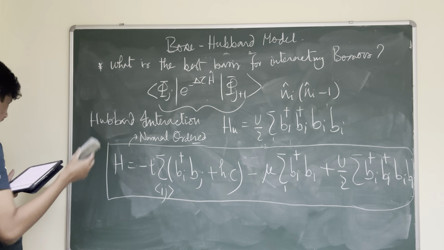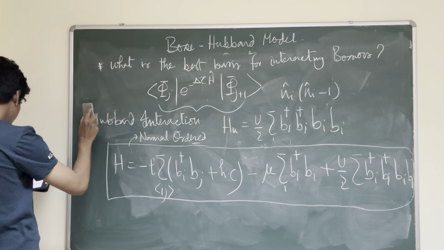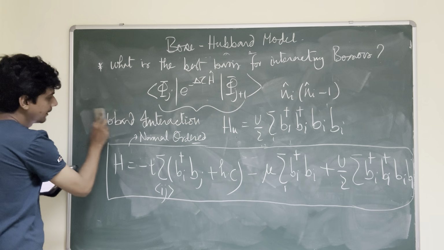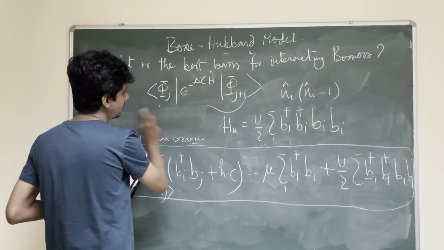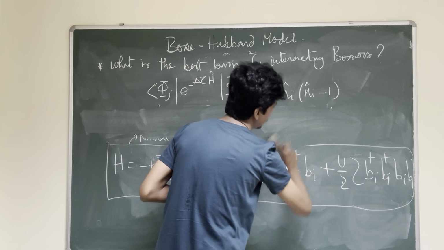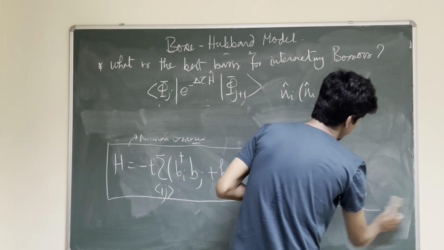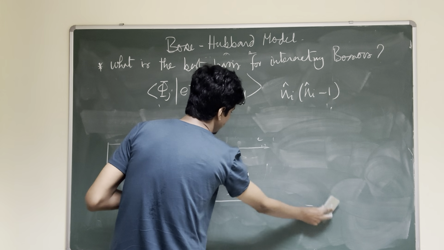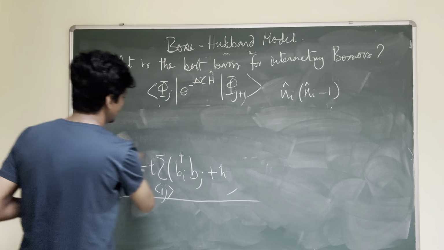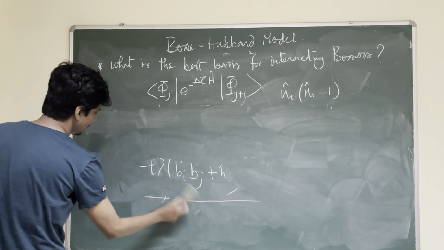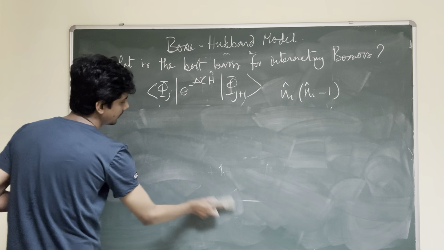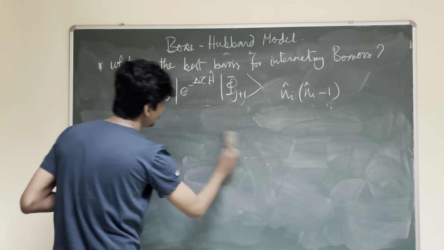So why can I choose this kind of basis? If I remove or erase this part, now I can really assure you why this kind of annihilation basis is best for dealing with this kind of interacting bosonic system.